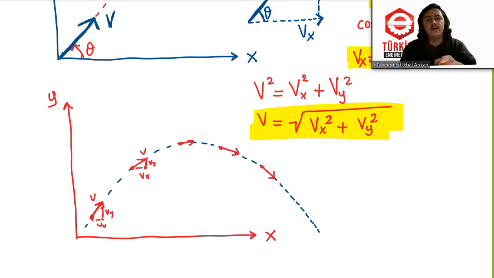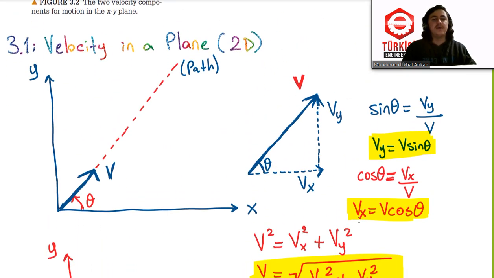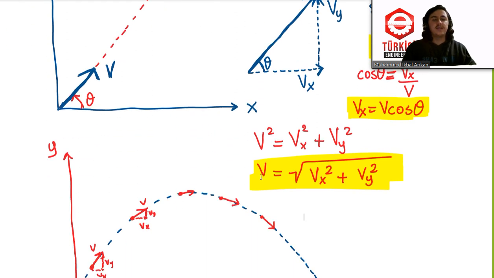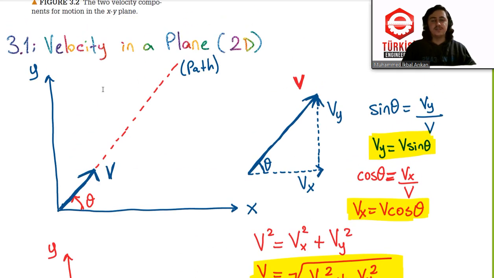That means you don't have any y component and you have maximum x velocity. So this is the idea, and this is curvilinear motion. So the velocity vectors for the curvilinear motion will be like this, and you will use the same formulas. Vy will be equal to V sine theta, Vx will be equal to V cosine theta, and this one for calculating the magnitudes. Okay, so this is the idea for velocity in a plane.